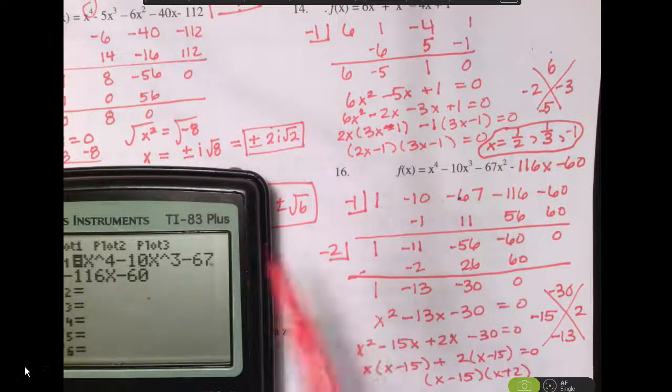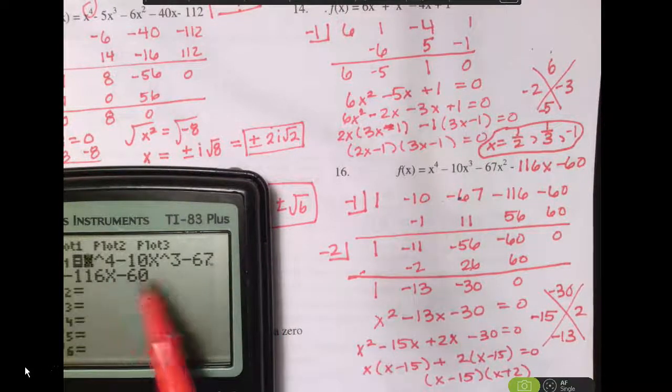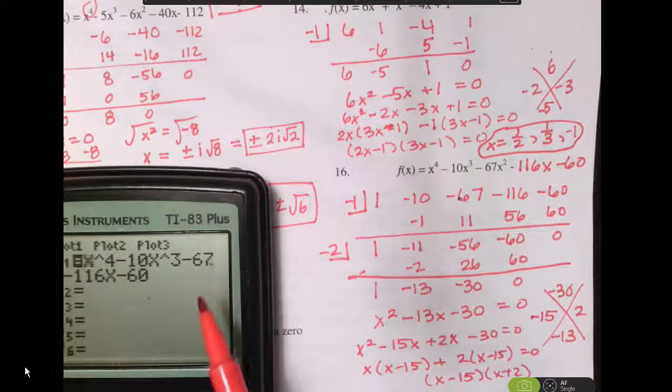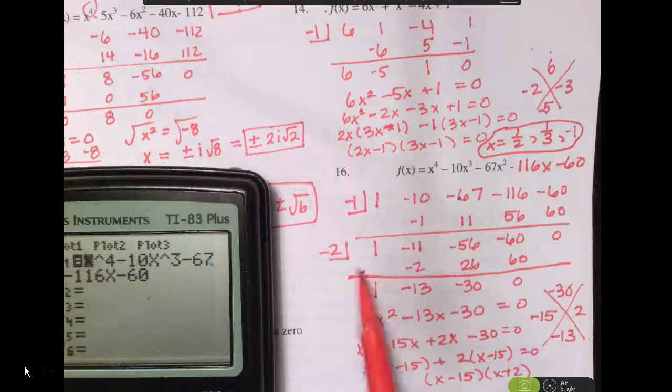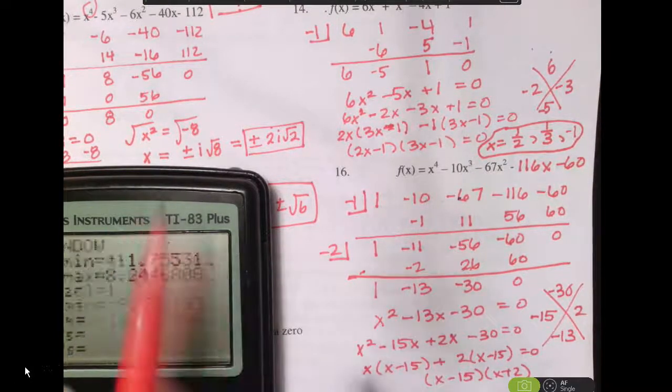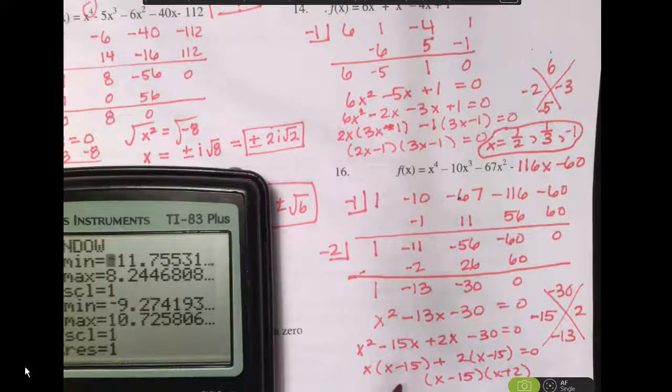So what did I do wrong? So it's saying I should have these real zeros at 15, -2. Oh, alright, so there's a multiplicity of 2 at -2, and then 15 is not showing on the graph because of my window. Alright, so let me just bump that up to 20.